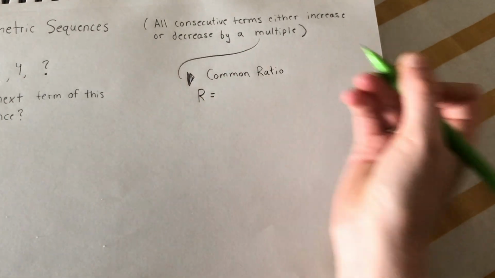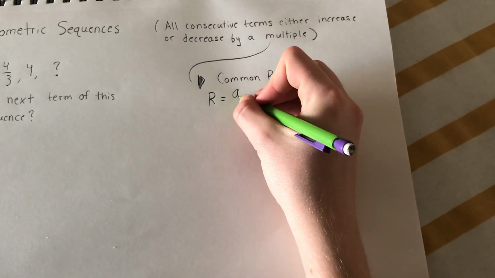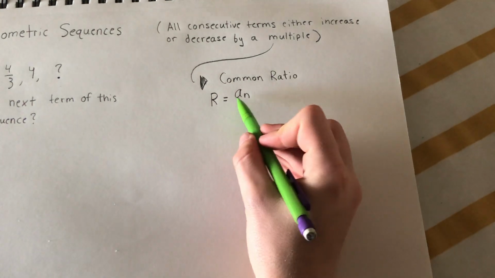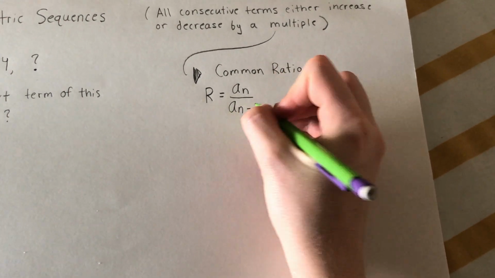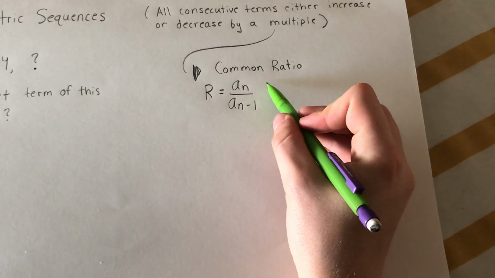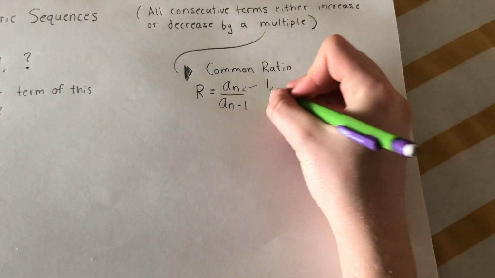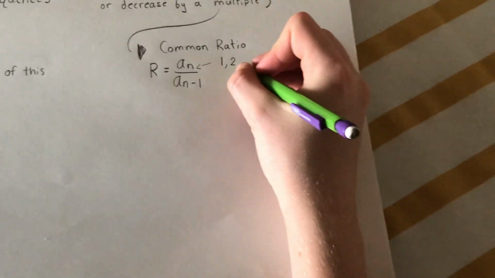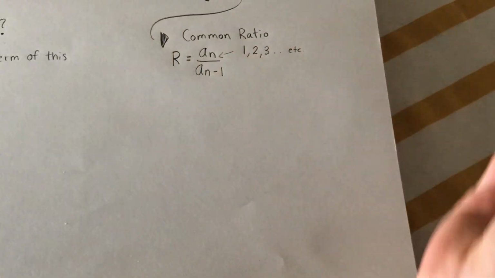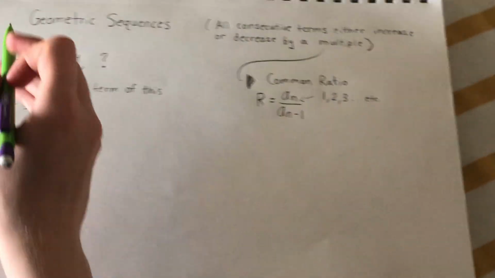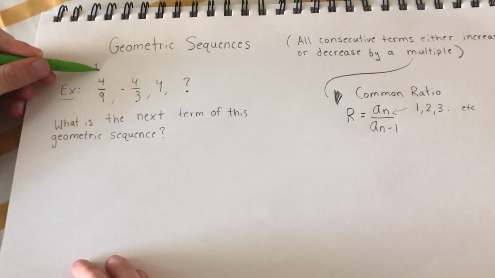We can get this common ratio by dividing the term an by the previous term an minus 1. And n just denotes what term it is. So it could be term number 1, term number 2, term number 3, etc. For instance, this right here would be term number 1.